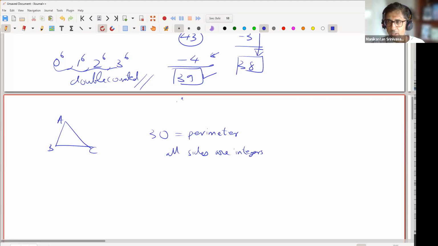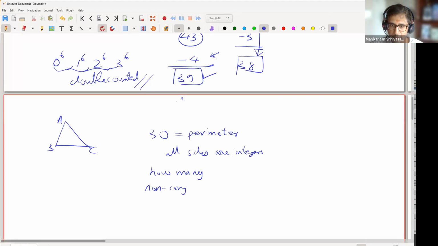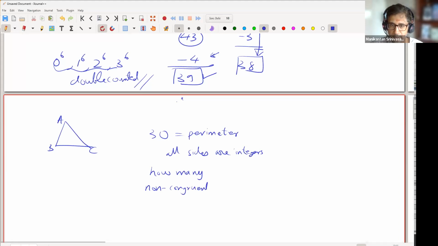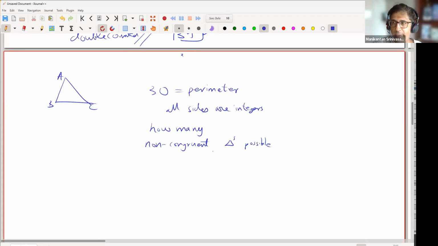Now I want you to tell how many non-congruent triangles are possible. I'll explain what I mean here. The reason I'm saying non-congruent is I'll give one example and then you'll understand.